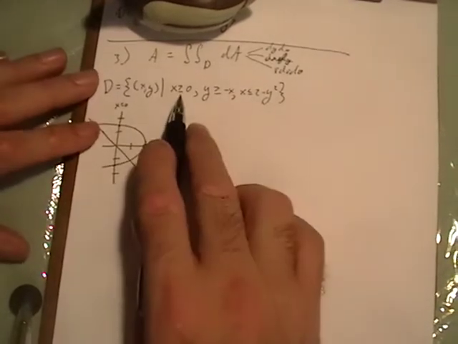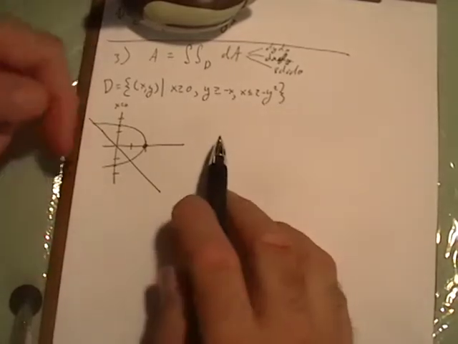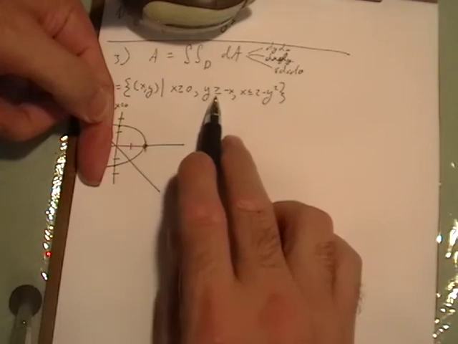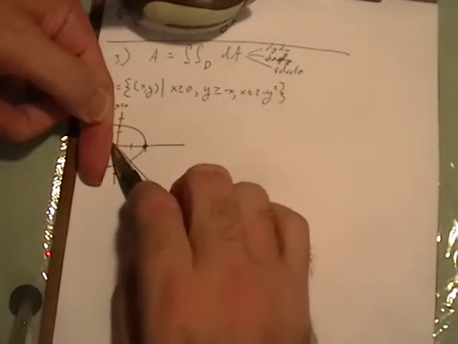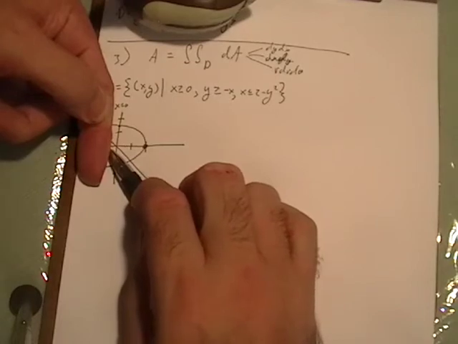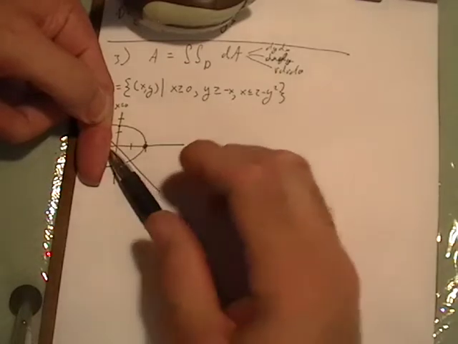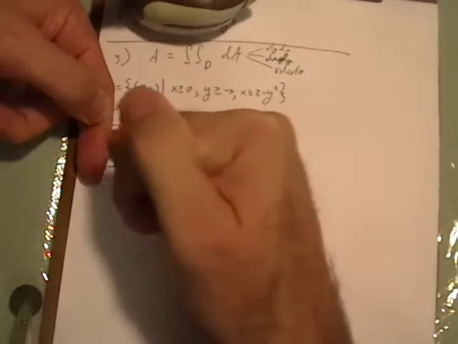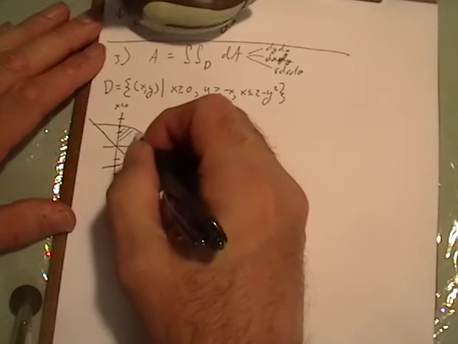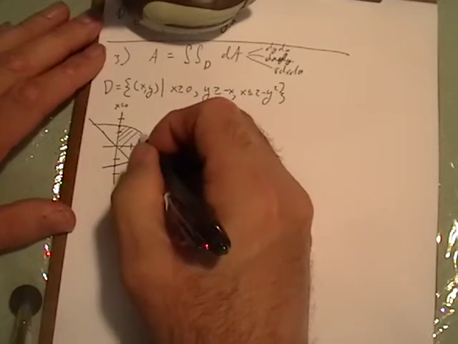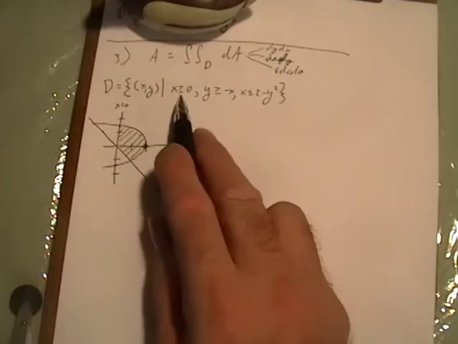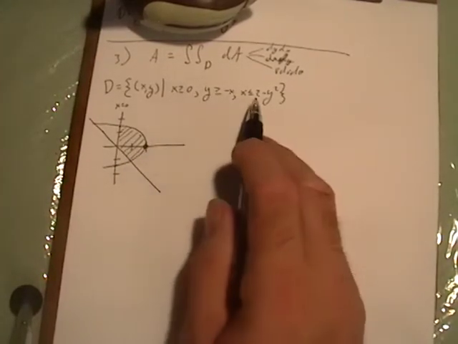Now, x is greater than or equal to 0, so I'm only interested in things occurring to the right. Y is greater than or equal to minus x, so I'm only interested in things in that wedge. X is less than or equal to 2 minus y squared, so I'm only interested in things inside the parabola. I believe that this shape gives us these three conditions.